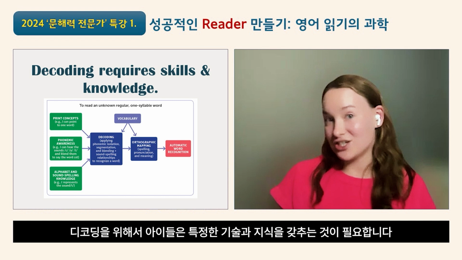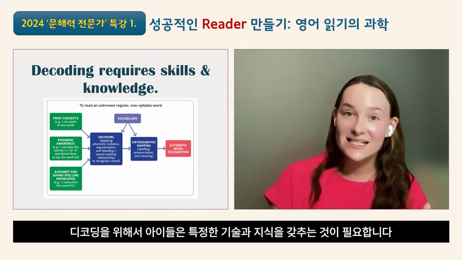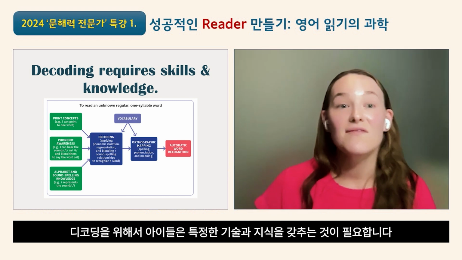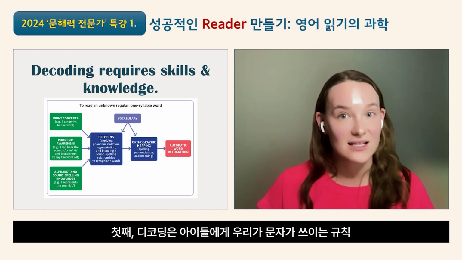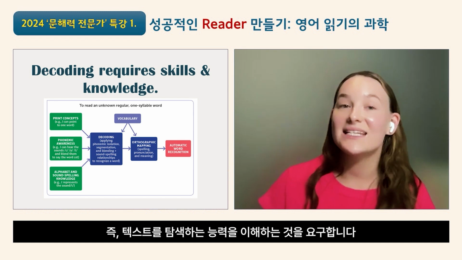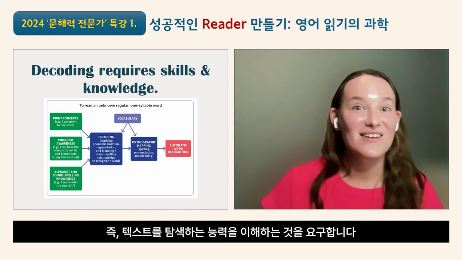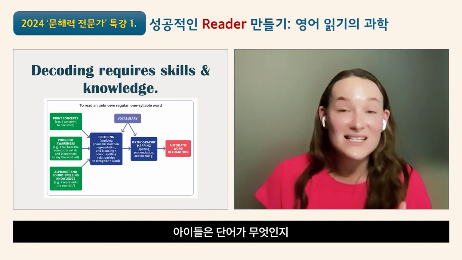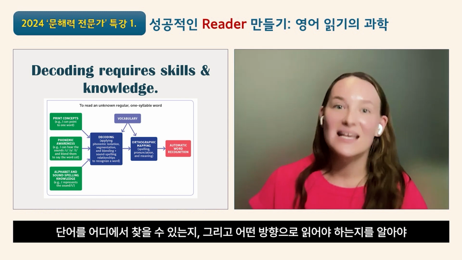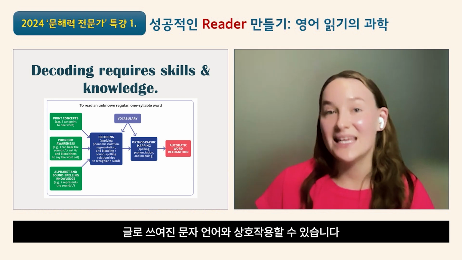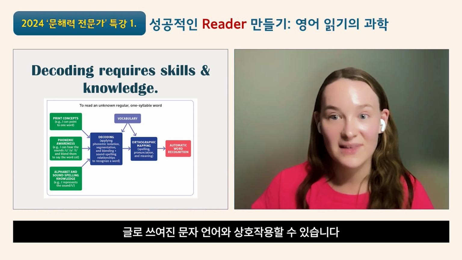Decoding requires children to have certain sets of skills and knowledge. First, it requires children to understand something we call print concepts, or the ability to navigate a text. Children need to know, what is a word? Where do I find them? And what direction do I read in order to be able to engage with written language?